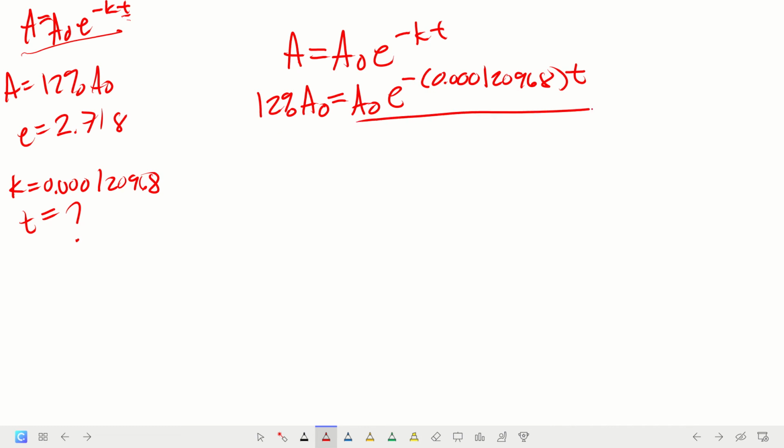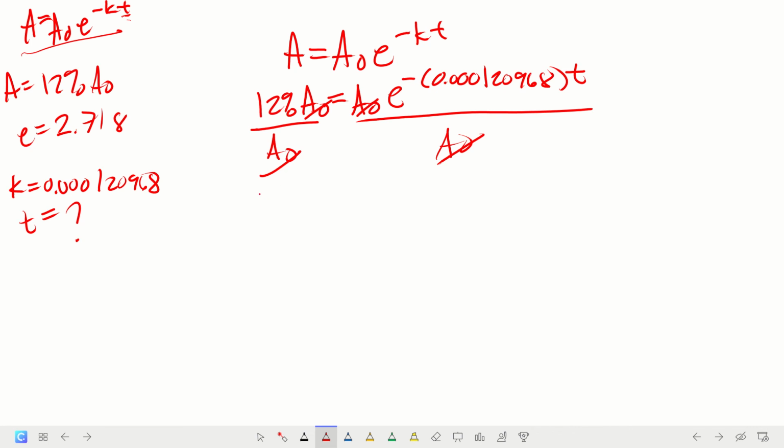So, divide both sides by A sub o. So, dinivide natin para ma-eliminate natin yung mga terms, to isolate t. So, since both sides contain A sub o, then ma-eliminate natin si A sub o from both sides.